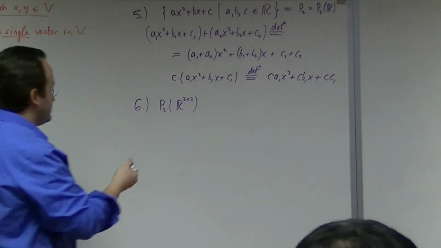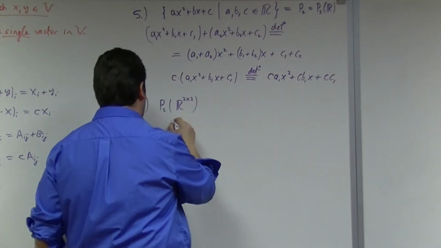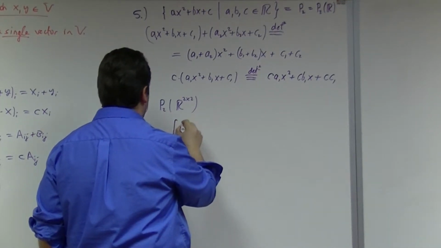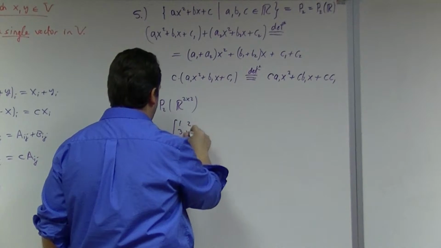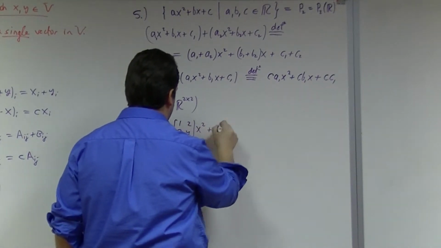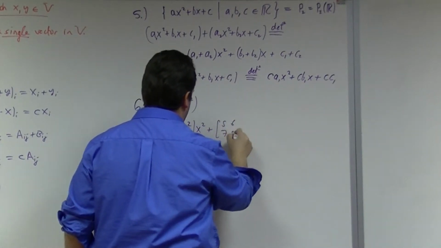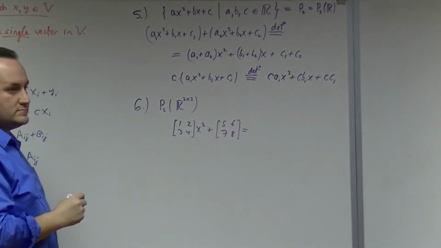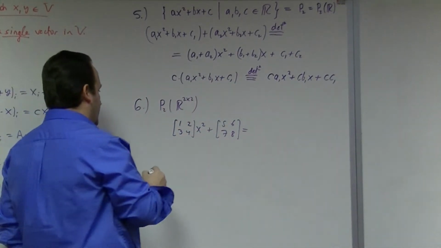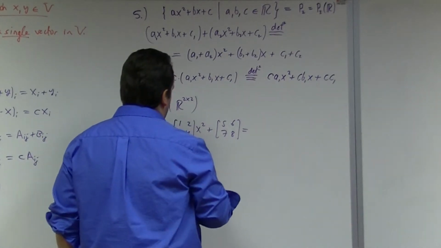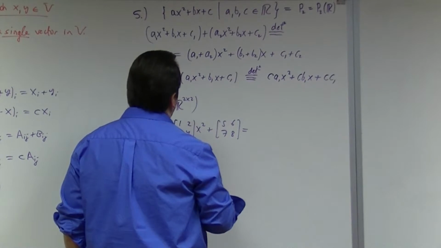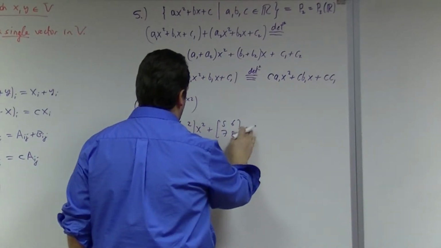For example, if I had the matrix 1, 2, 3, 4 times x squared plus 5, 6, 7, 8, well, that's not enough. I need to add that to something, right?